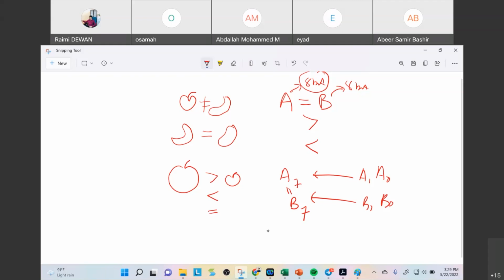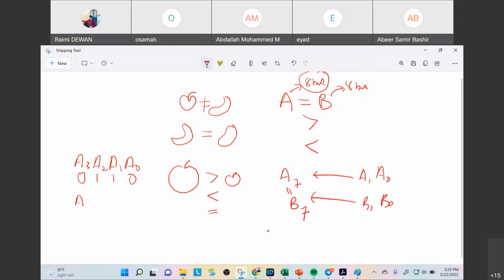So, A7 and B7. I just want to make the example short so we don't waste our time. For example, 4 bit: A3, A2, A1, A0 is 0, 1, 1, 0.